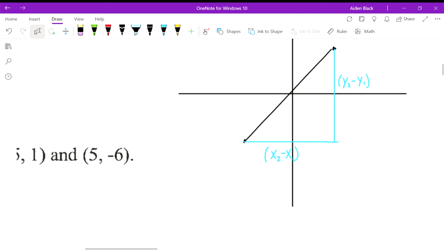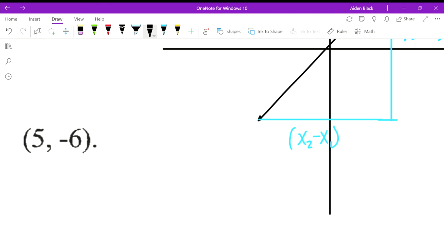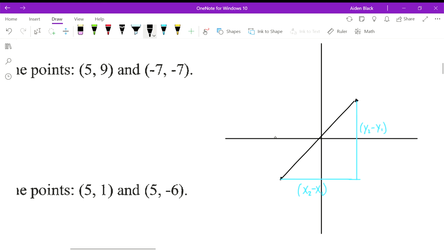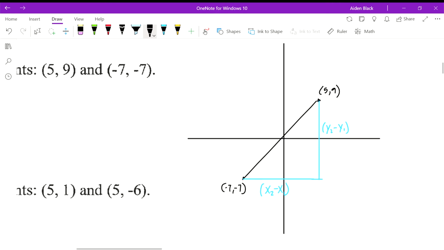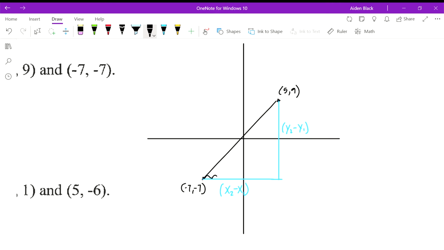So, let's also label these points so we can just work that close. (5, 9) is up here, and (-7, -7). Now if you're using a graph, you can just count these up, right?